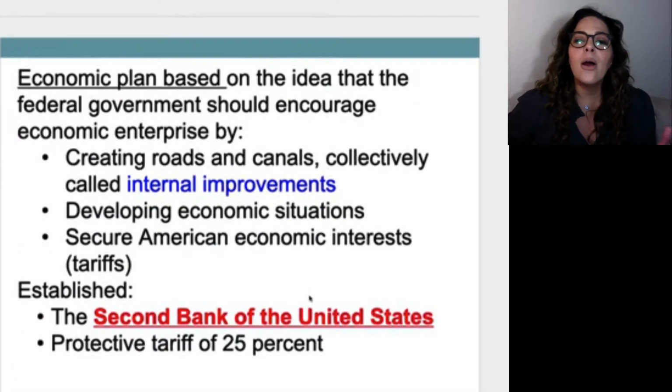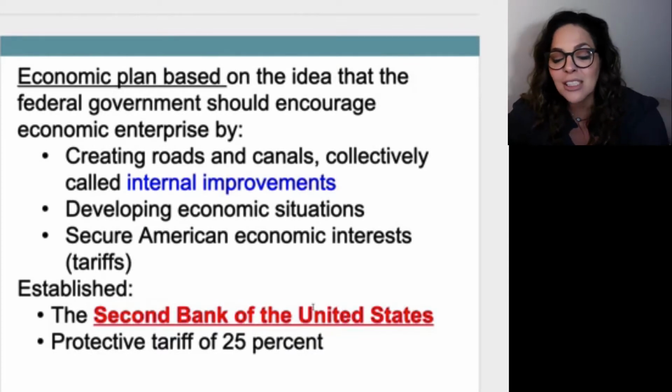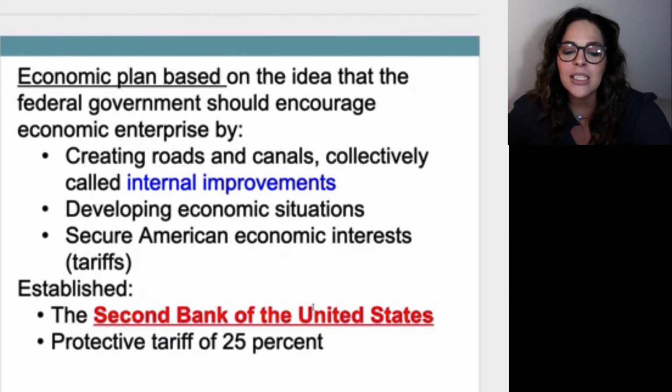And so one of the major lessons that we learned after the War of 1812 was, we weren't ready. For some reason, we didn't get completely obliterated by the British.